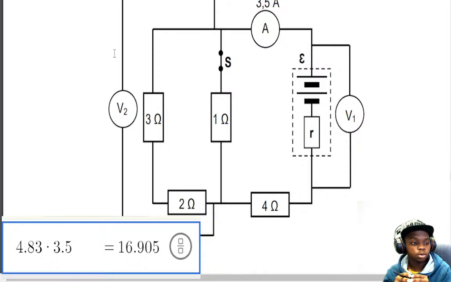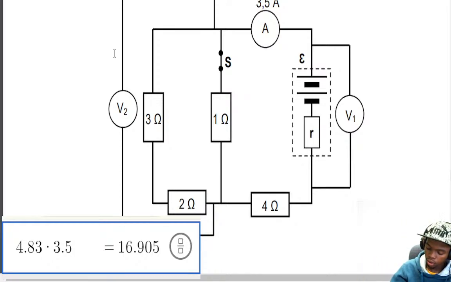We didn't calculate it because we don't have a value for it. We calculated V1 using the external resistance, but not the total resistance, because the battery itself has resistance in it. So V1 cannot really be the EMF, because there's an internal resistance that we didn't consider.